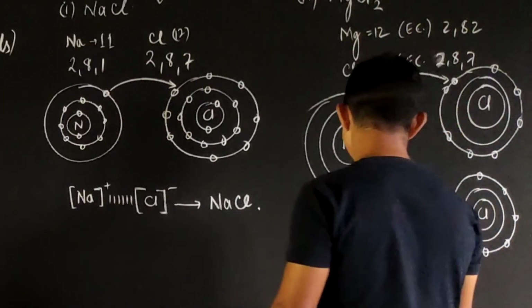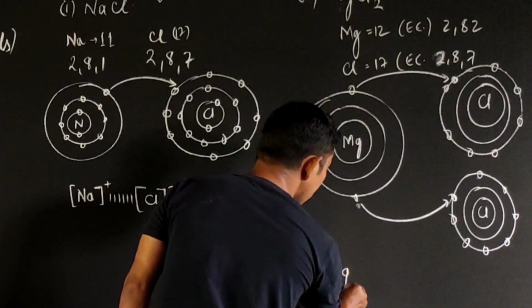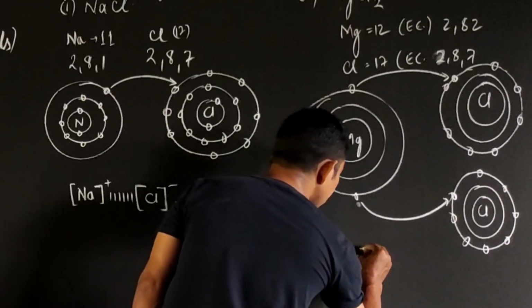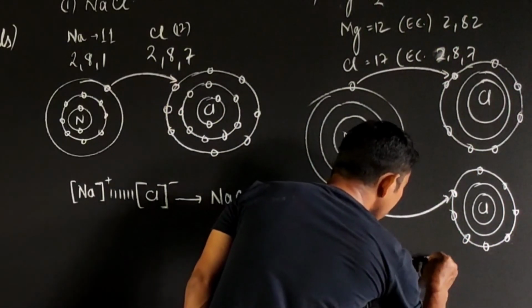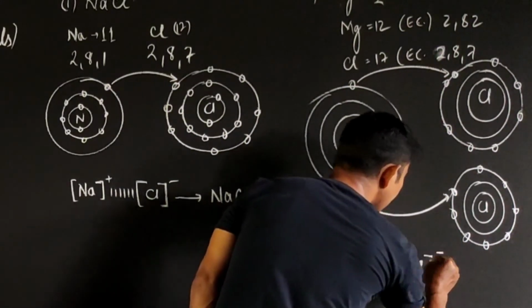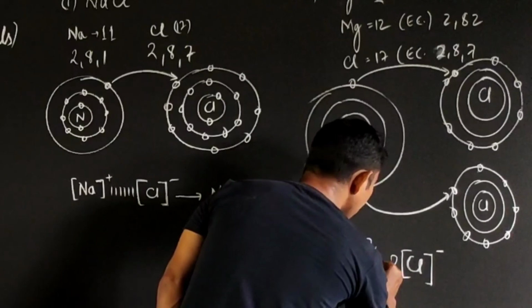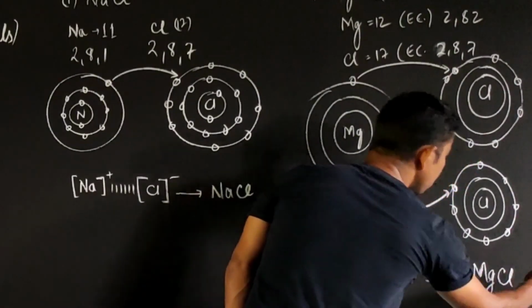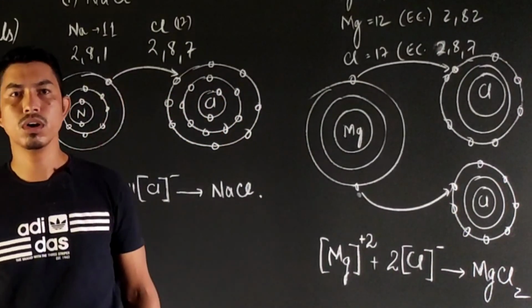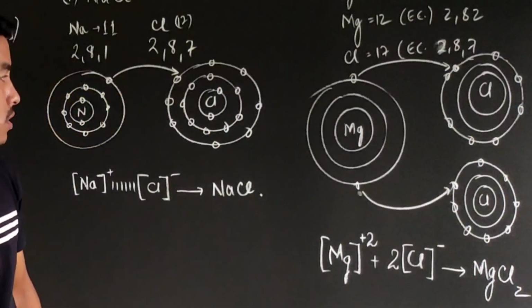So the magnesium, after losing 2 electrons, gains 2 units of positive charge, and then the 2 chlorine atoms, each having 1 unit of negative charge, combine with the magnesium to give magnesium chloride. So this is how sodium chloride and magnesium chloride are formed.